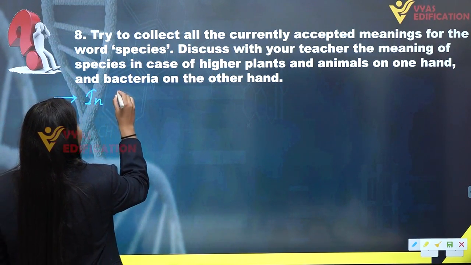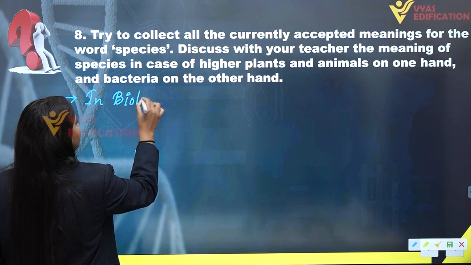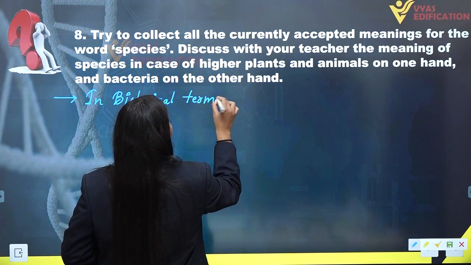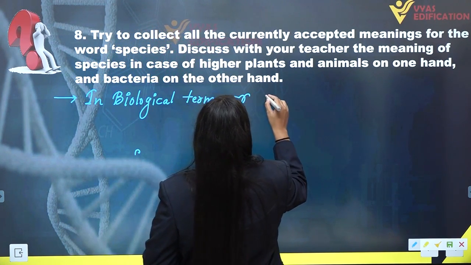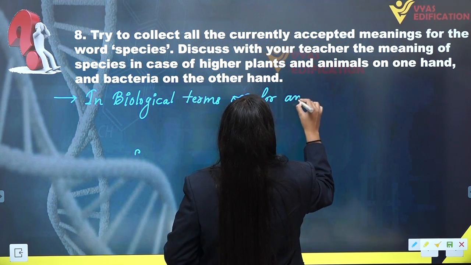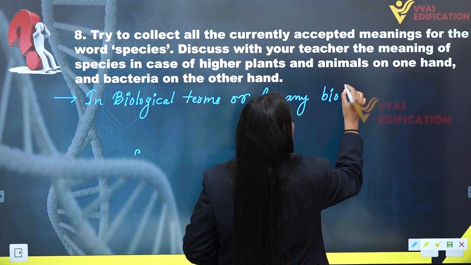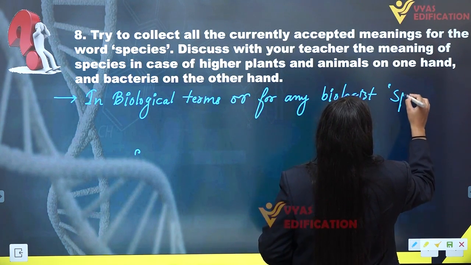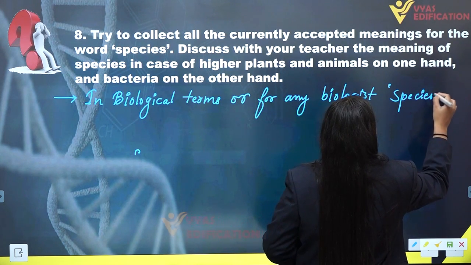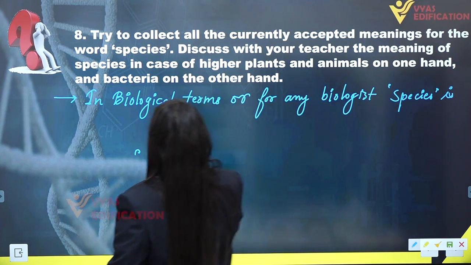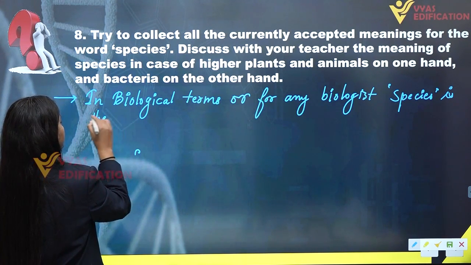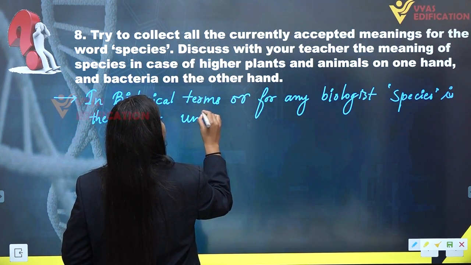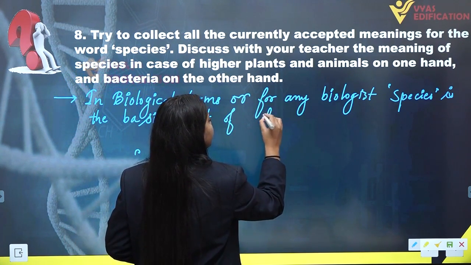In biological terms, or for any biologist, species is the basic unit of taxonomy.